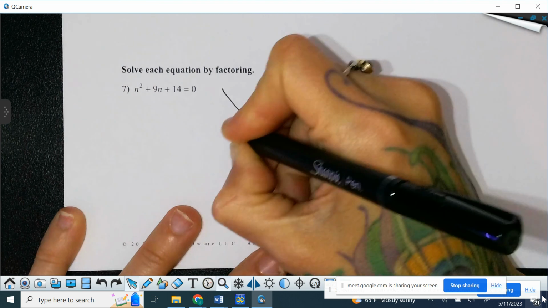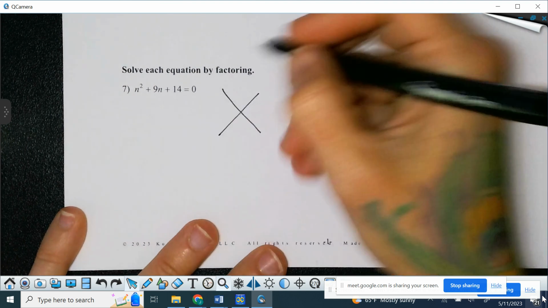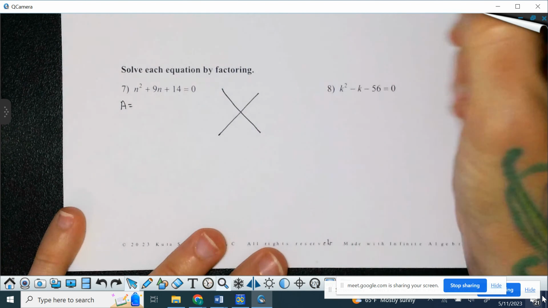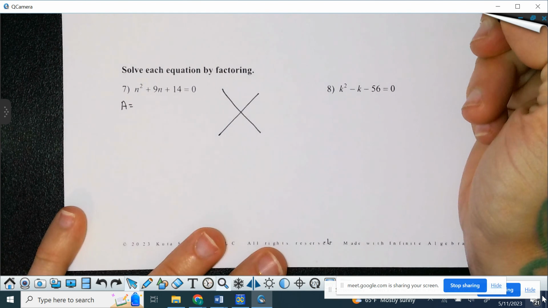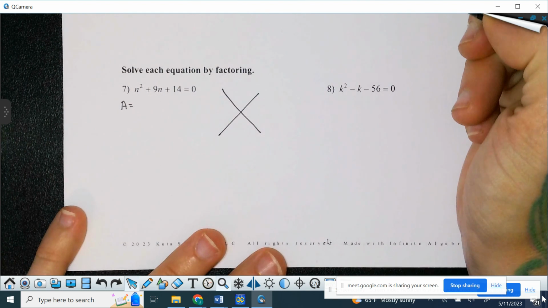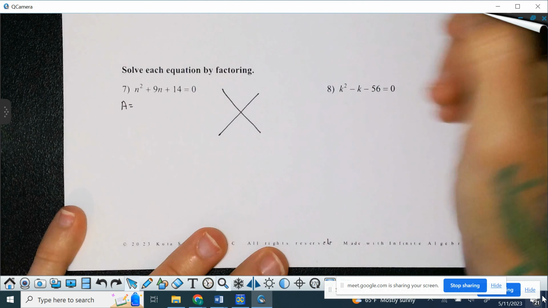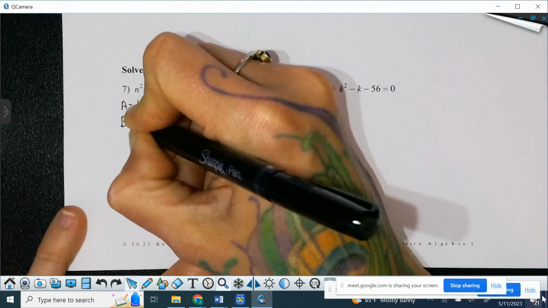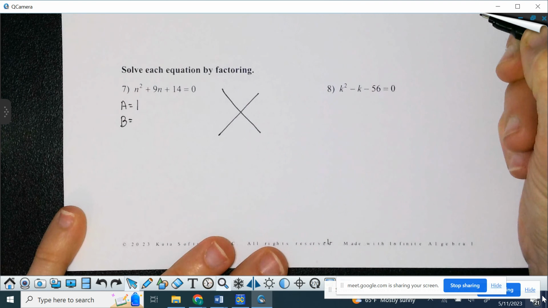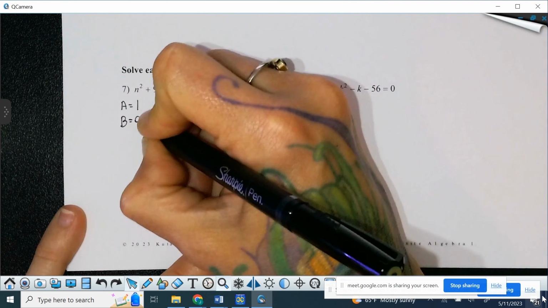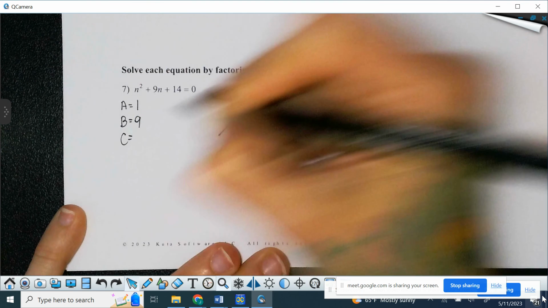All right, number 7. What is A? What is the numerical value of A? One. Good. What is B? Good. What is C? 14.